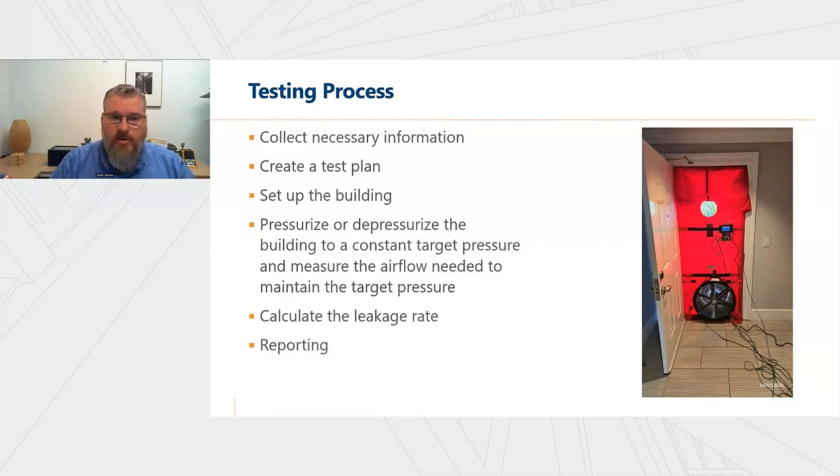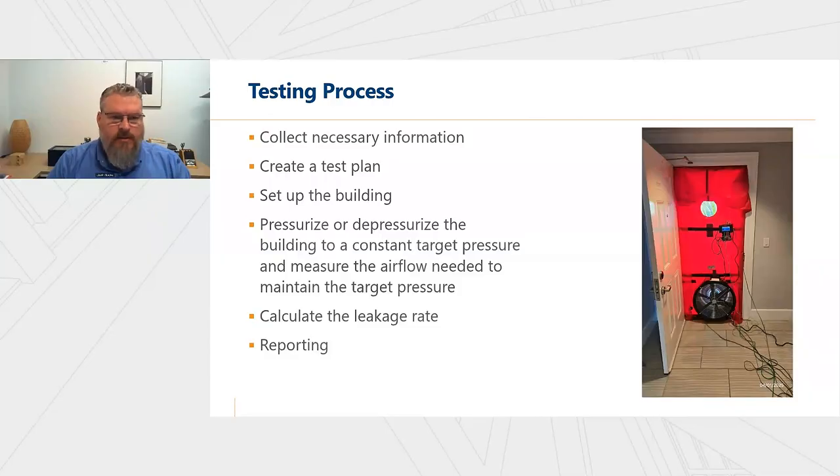When you pressurize a building, things like gravity dampers, doors push away from their seals. Usually the building gets leakier when you're inflating it, if you want to think about it like that. And when you depressurize, you're doing the opposite thing. You're pulling air out of the building, so you're kind of sucking on the building, and that's going to pull things like gravity dampers and things that press against gaskets and seals to actually get tighter.